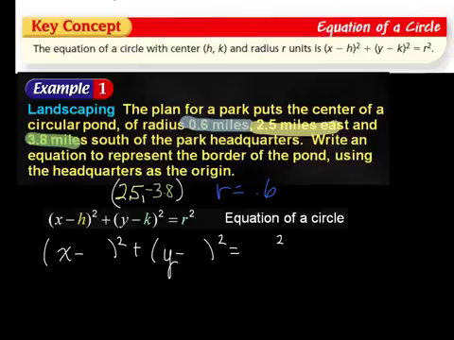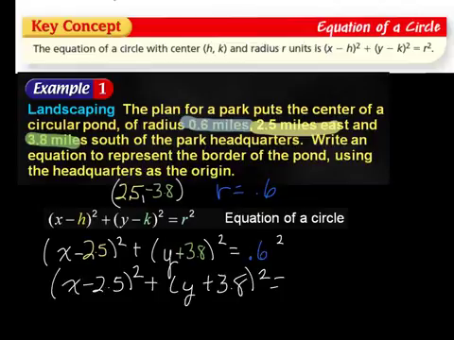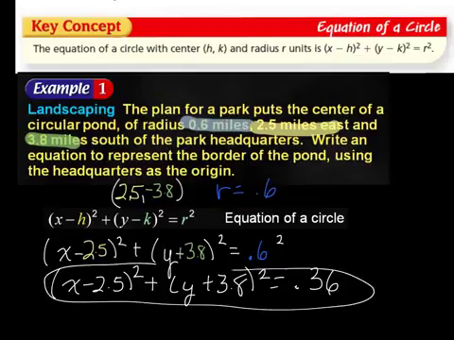So we've got x minus 2.5, y minus negative 3.8, so we're going to put plus 3.8, equals r squared, so 0.6 squared. And the only thing they simplify is 0.6 squared is 0.36, and that is our equation.